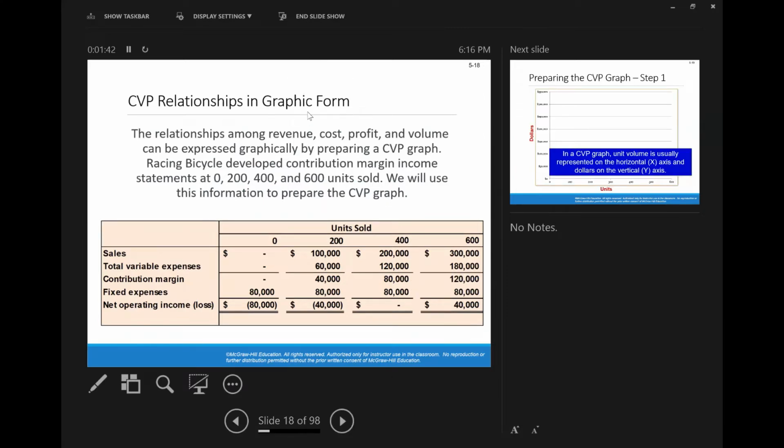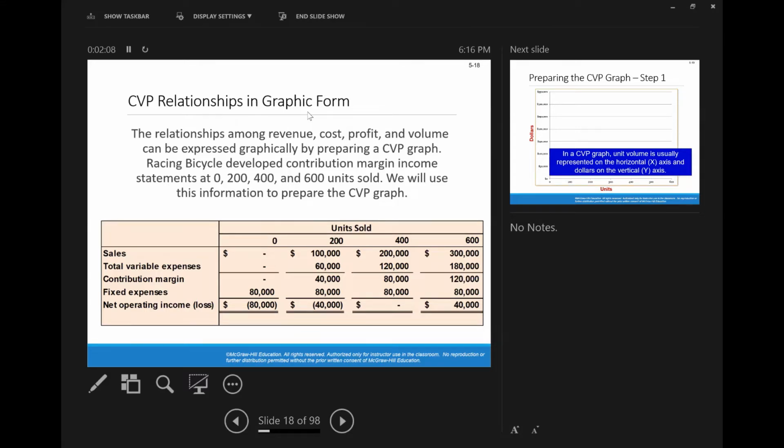Okay, so now we're going to look at something that has different units. So they have a different chart here, and we have 200 units, 400 units, and 600 units. So starting with 0 units, you don't have anything, right, except your fixed expenses. So you have to pay that out regardless if you have any sales. So now we're selling 200 units. So we do the 200 times the 500 per unit, because we're still sticking with that same example, $500.